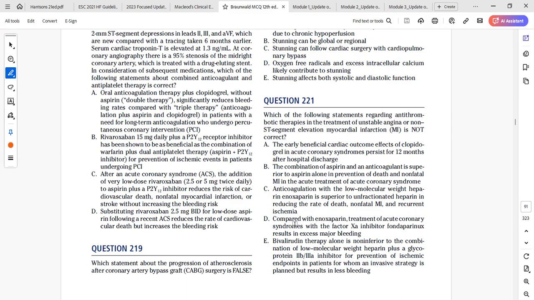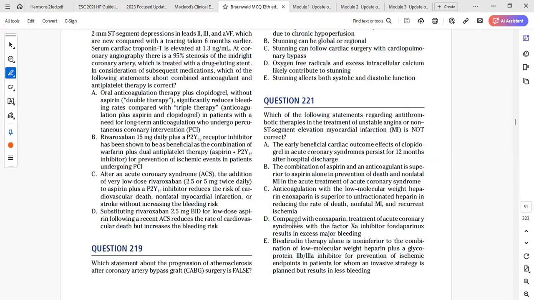Option D, substituting rivaroxaban 2.5 milligrams BD for low dose aspirin following recent acute coronary syndrome reduces the rate of cardiovascular death, but increases the bleeding risk.